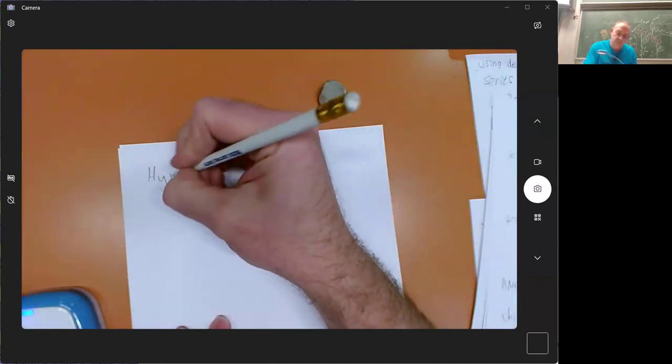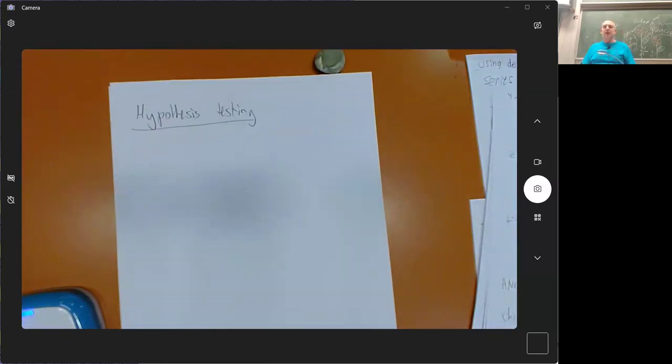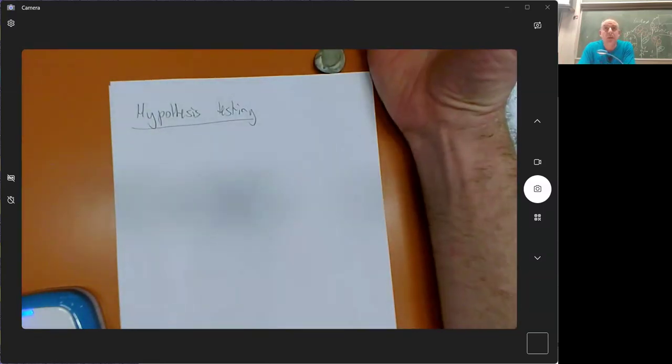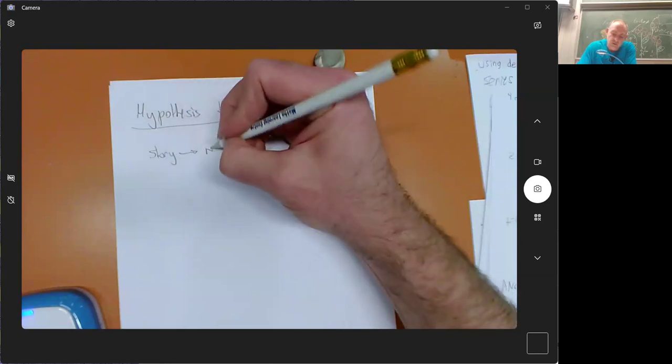Let me go back a bit and say that hypothesis testing is based on this idea. You have your research question. Okay, that original question that's part of the story. So the story has a research question.